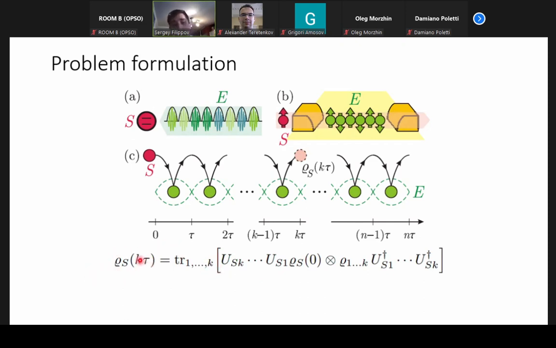So the correlations significantly complicate the calculation of the density operator.